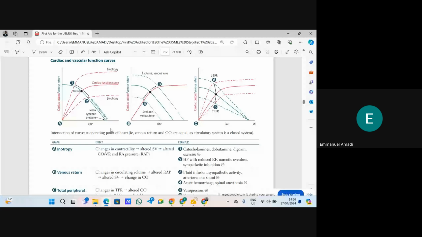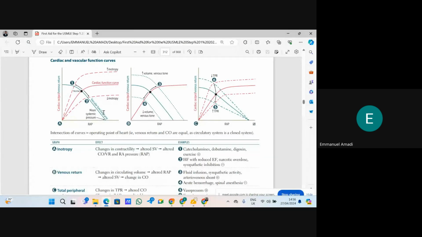The venous return is the same for the three of them. But the cardiac output changes, meaning the stroke volume changes for each of them. The solid line is the normal. The dotted line below is reduced. The dotted line above is increased. So the solid line is normal, number two is reduced, number one is increased.